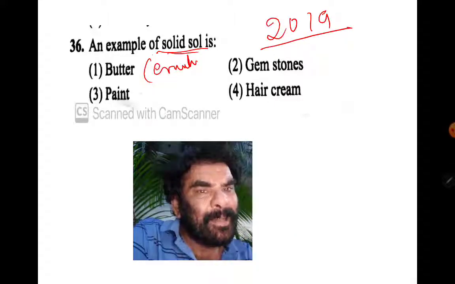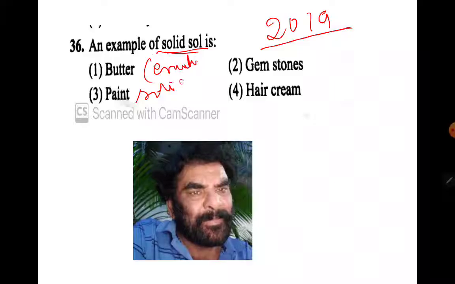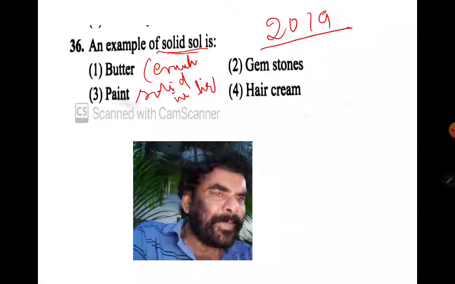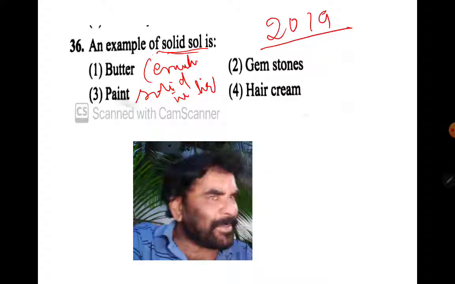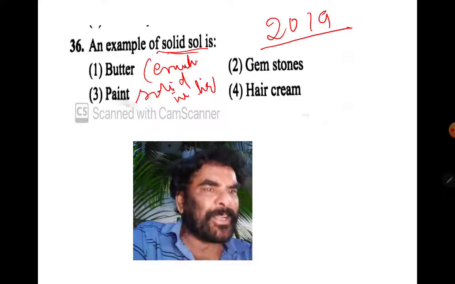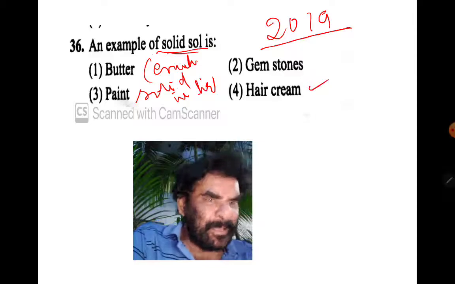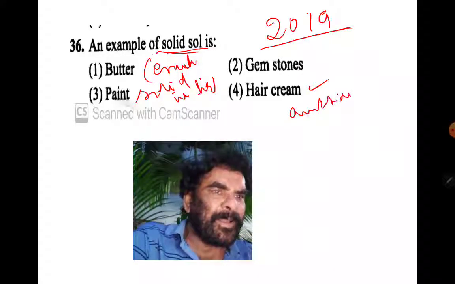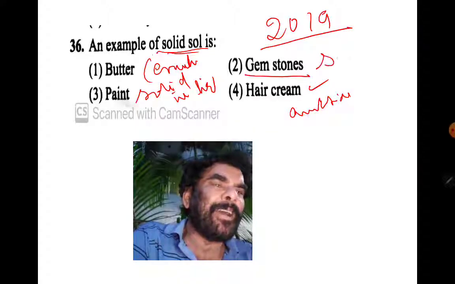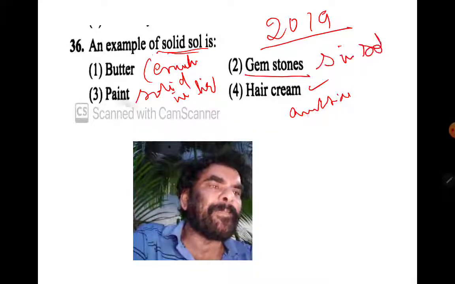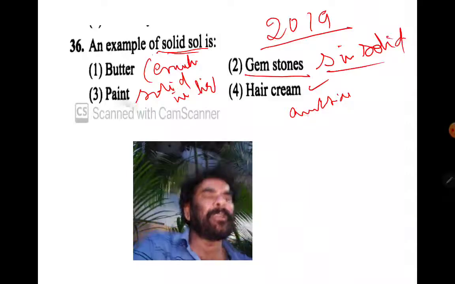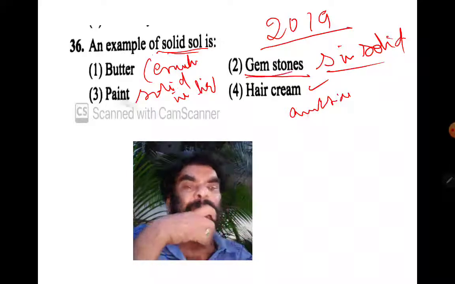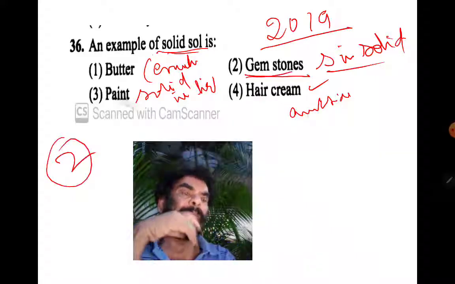Paint is a solid in liquid, and hair cream is also an emulsion type. Gems, solid in solid. Both are solids. One metal oxide or metal ions are this one. Gem 2 is the correct option. Simple.